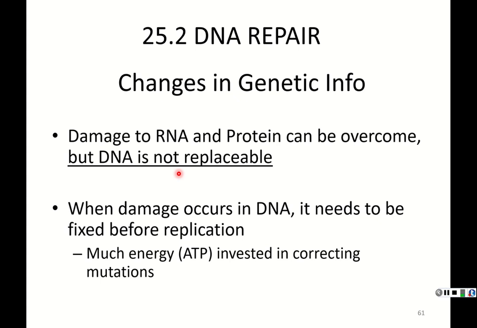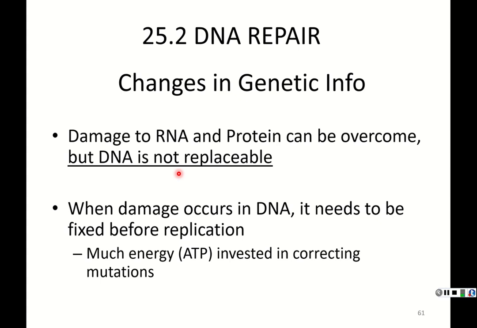But DNA is not replaceable. DNA stays there essentially forever, unless you're replicating it for a new cell. So when damage does occur in DNA, it needs to be fixed. And it needs to be fixed before it's replicated.